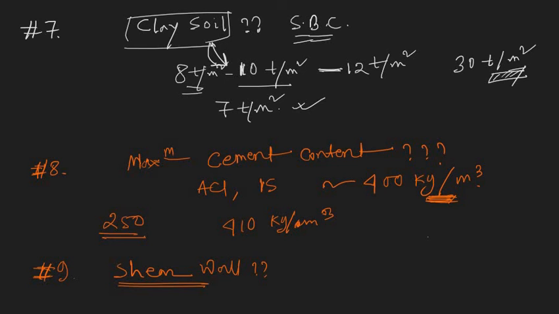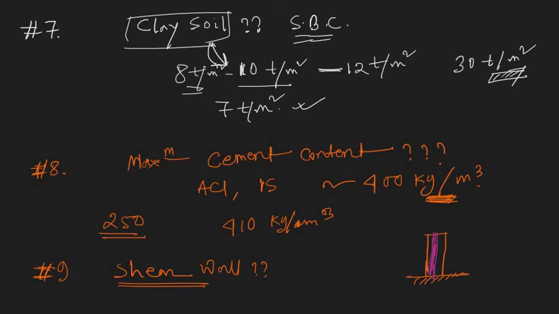You know that in a tall multi-storied building, the lift shafts are made of RCC walls. That is known as a shear wall. It looks something like this. Let's say this is the shear wall.